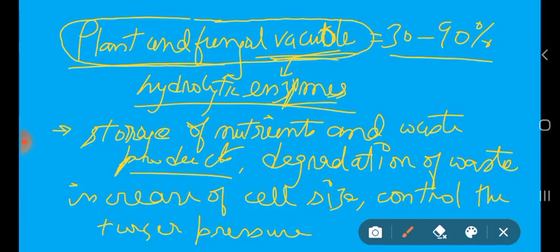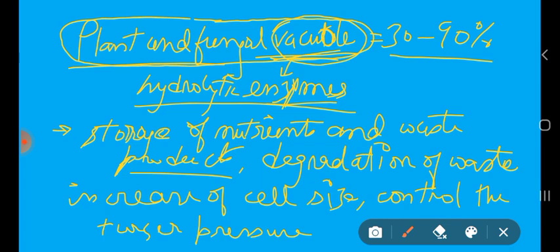Now, this vacuole found within the plant cell and fungal cell, they also actually maintain the pH. Like for instance, suppose the pH level falls down in the environment, then the flux of H plus ion into the cytosol will be balanced by corresponding transport of the H plus ion into the vacuole.